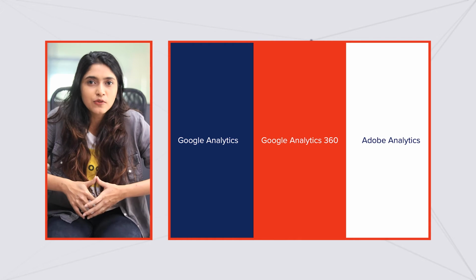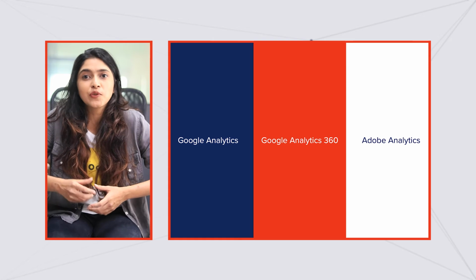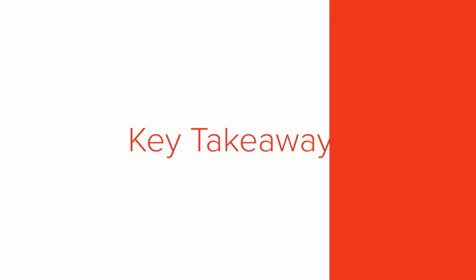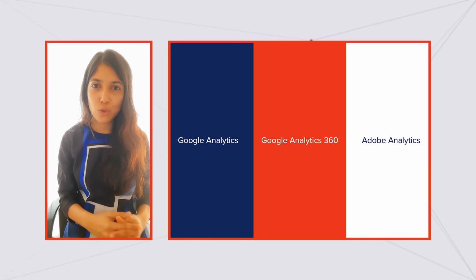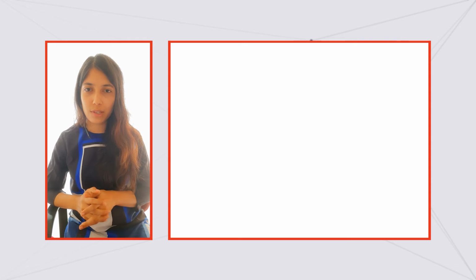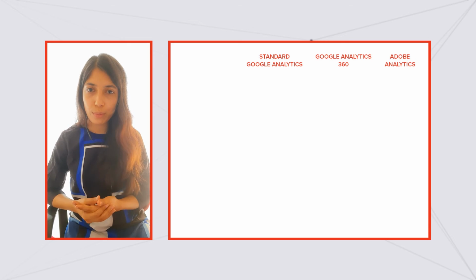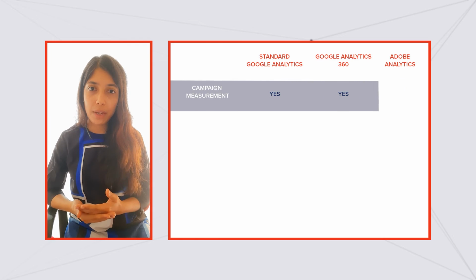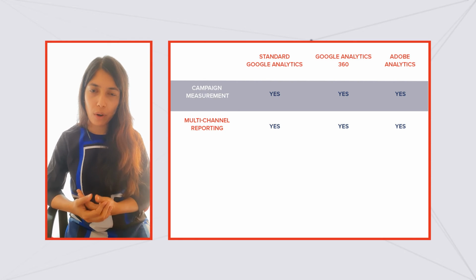So let's get down to the main question. Can you give us a quick summary on all the factors that need to be checked in order to make an informed decision of which platform is supposed to be chosen and why? When it comes to actual feature comparison between these 3 tools, there's a standard version of GA, GA360 and Adobe. I think all of these tools offer campaign measurement and multi-channel reporting.